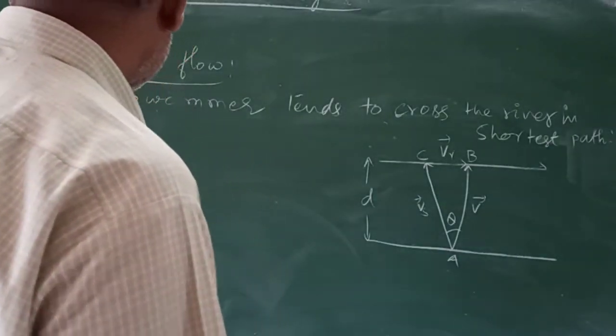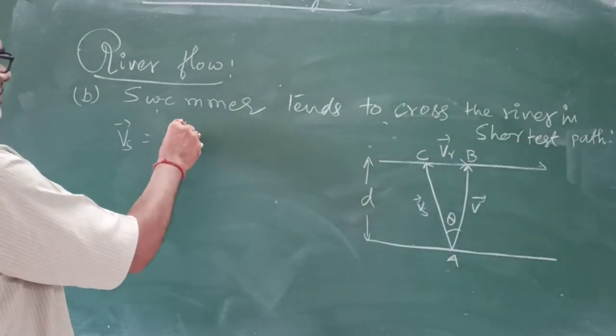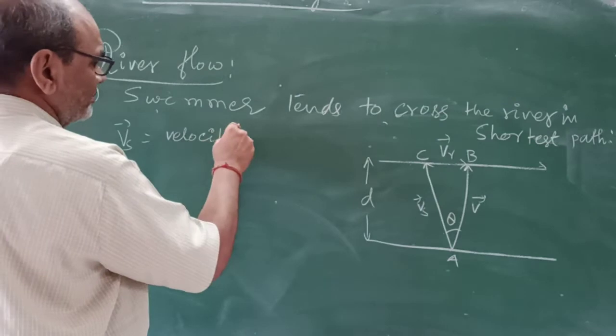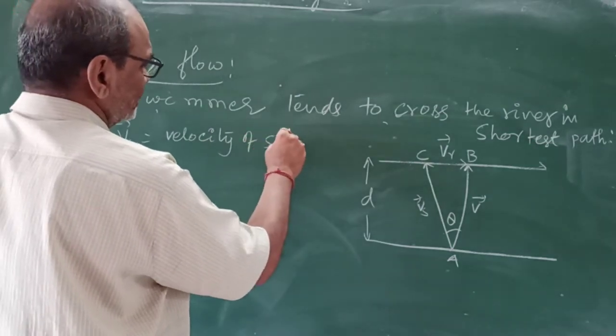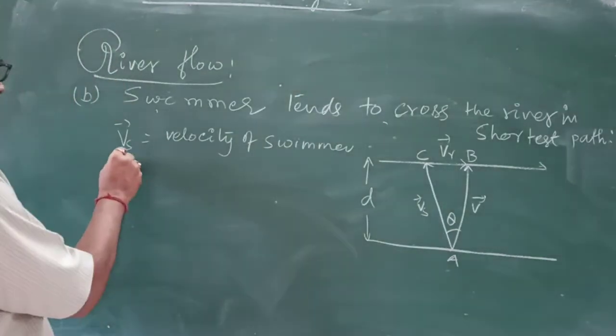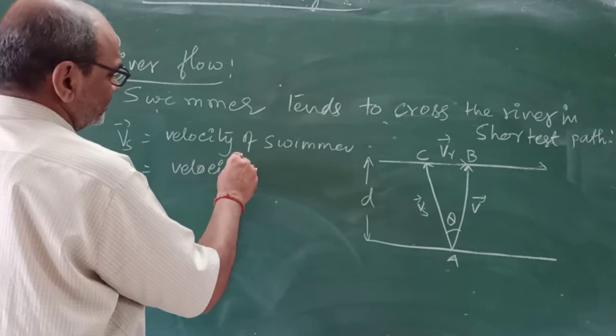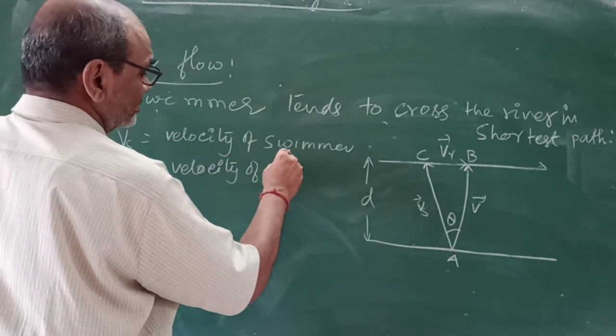Is it? Now again we write Vs, velocity of swimmer. Vr, velocity of river water.